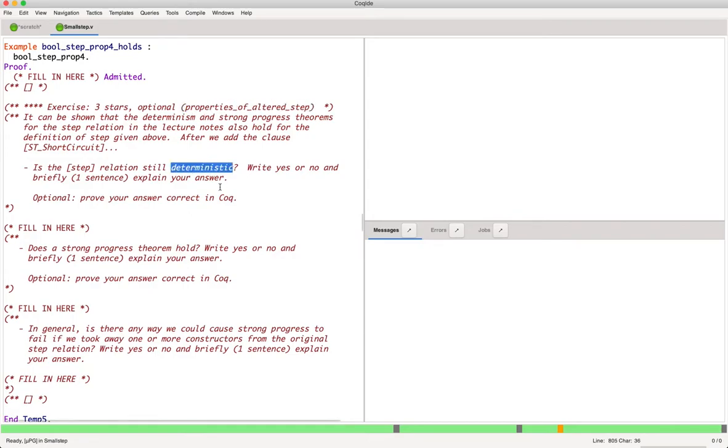You have to say whether it is or not, and you have to prove whichever one of those you say is the case. And also you have to say, does strong progress hold or not, and prove your answer.